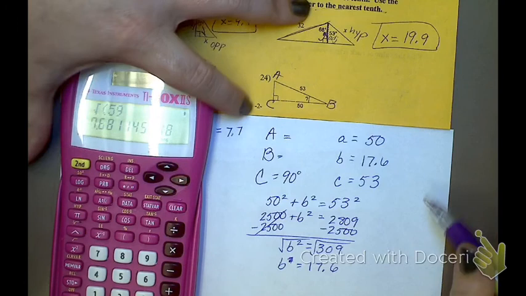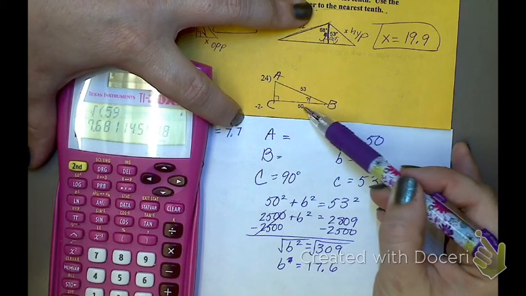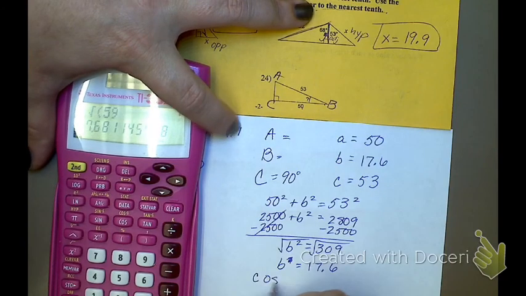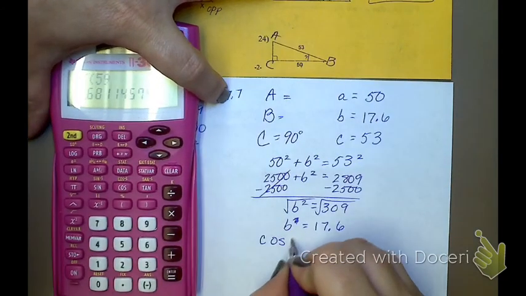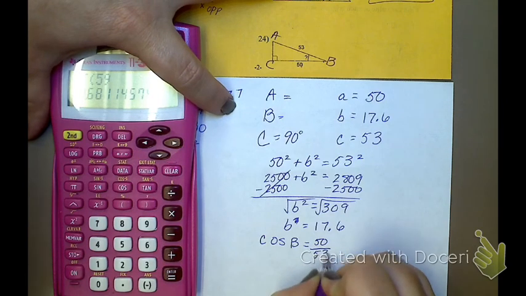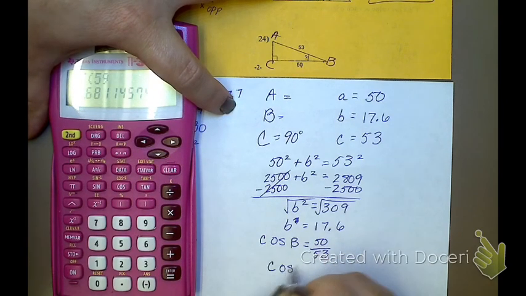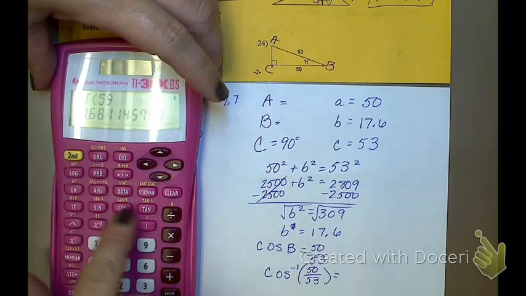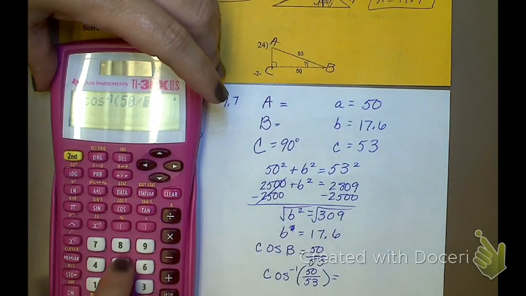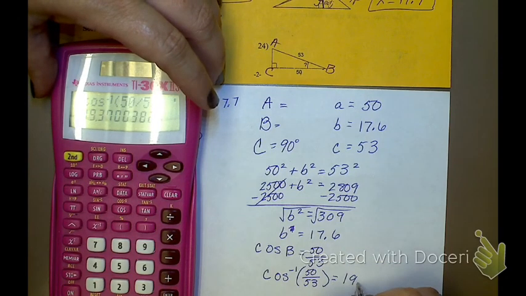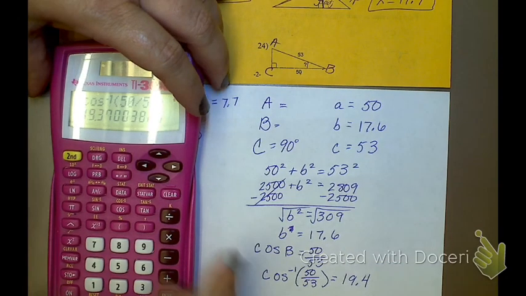Okay? All right, now I'm going to find angle B. I'm going to use the adjacent and the hypotenuse because that's what they gave me. And I'm going to say cosine of B is equal to adjacent over hypotenuse. And I'm going to do my inverse cosine of 50 over 53. Going to equal B. So second cosine 50 over 53 is equal to 19.4.